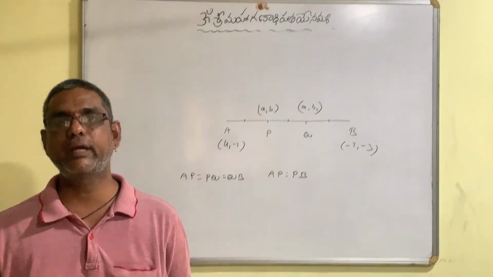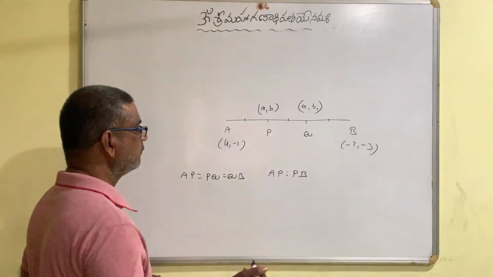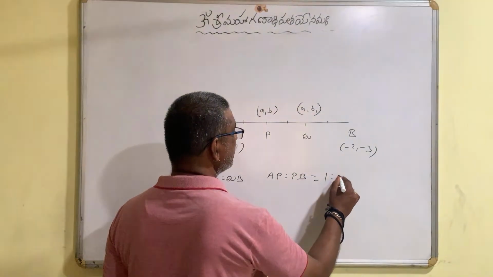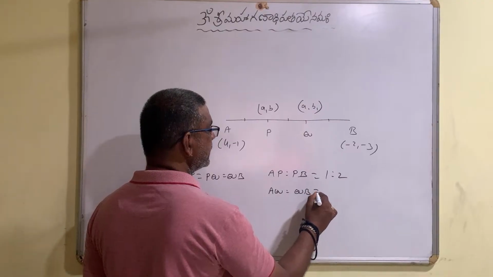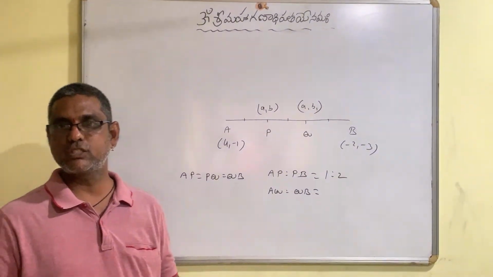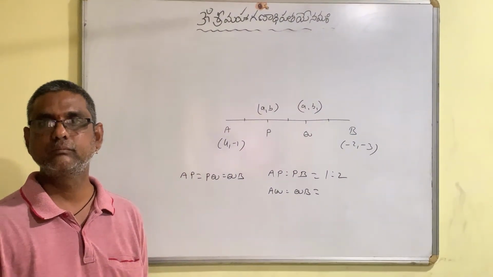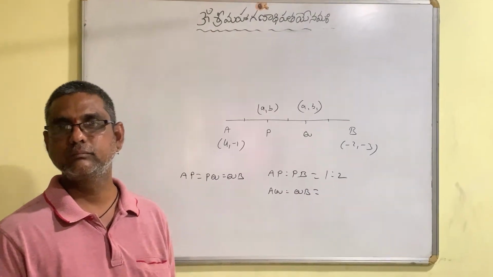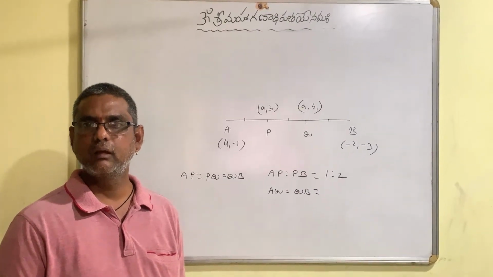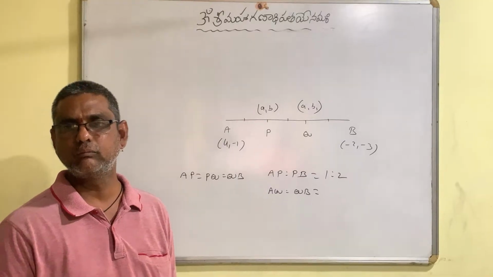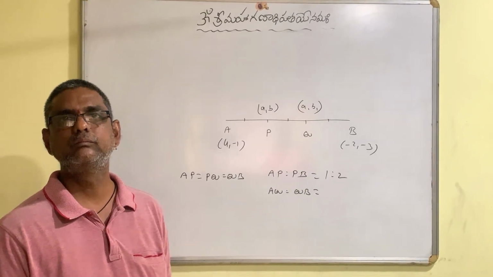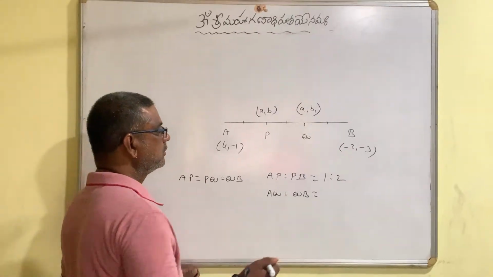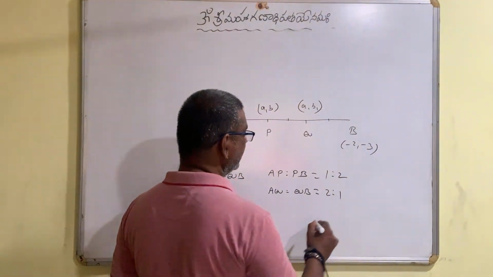So what is the ratio AP is to PB? 1 is to 2. Very good. Can anyone say what is AQ is to QB? AQ is to QB is 2 is to 1. Good.